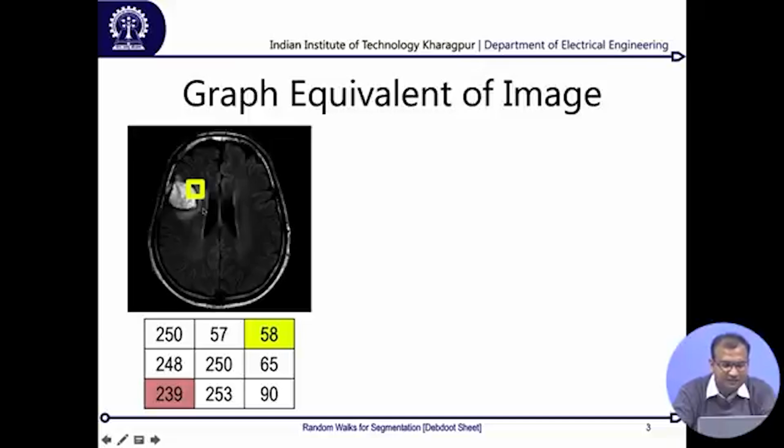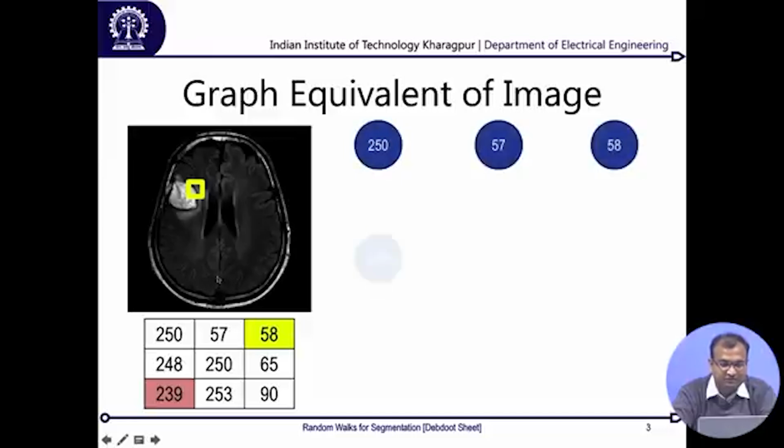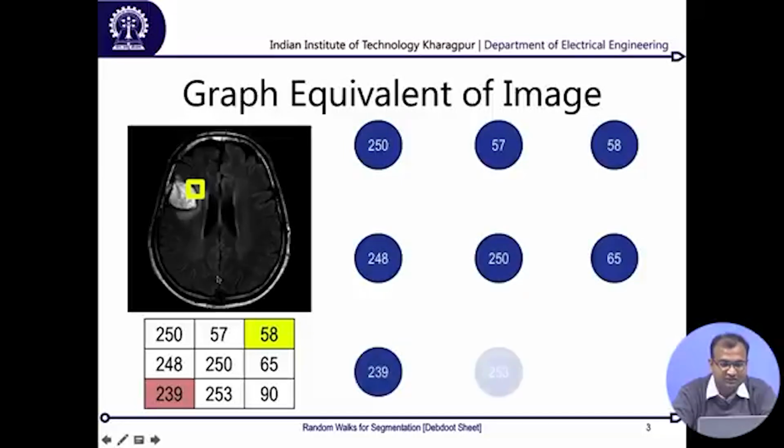Now, this 3×3 submatrix of that image can be represented as an equivalent graph by plotting each of these pixel values as one node of the graph. Initially you will have one small blob, or what is also called a node, and each node has the intensity of the corresponding pixel. The coordinate location of each node is also the same as the coordinate location of the pixel.